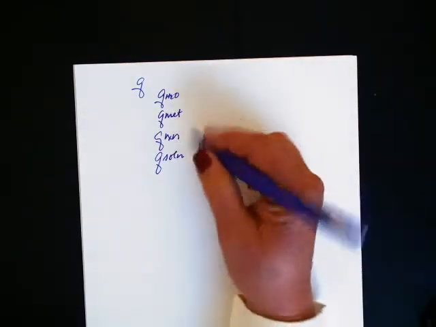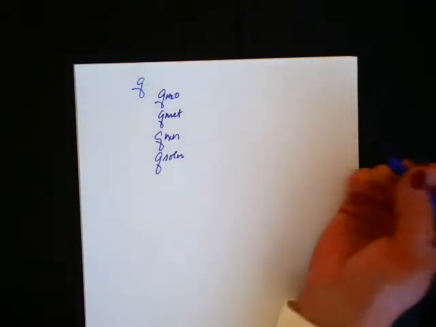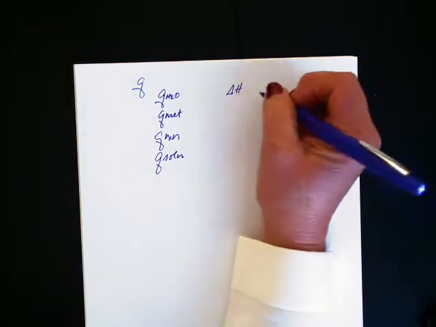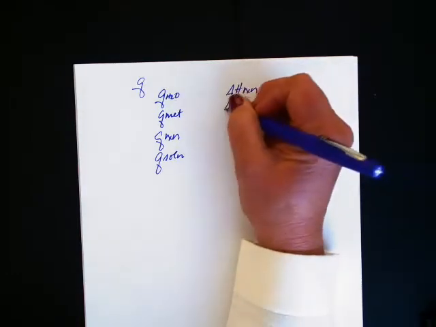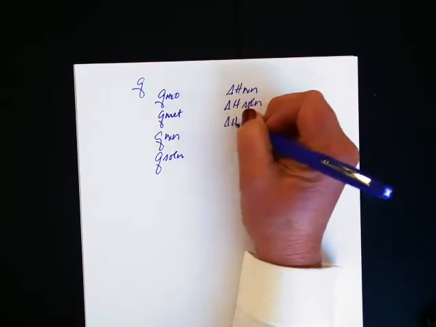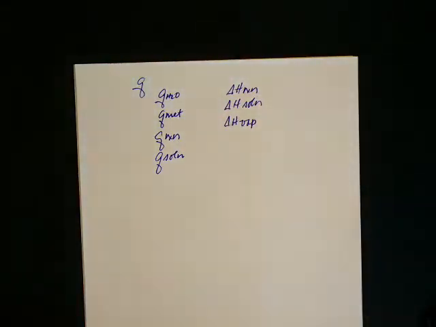This is just telling me something about the type of reaction that's occurring. And so we can also have delta H of a reaction, for example, delta H of solution, delta H of vaporization. So there are other ways to label delta H as well, is all I'm trying to say.